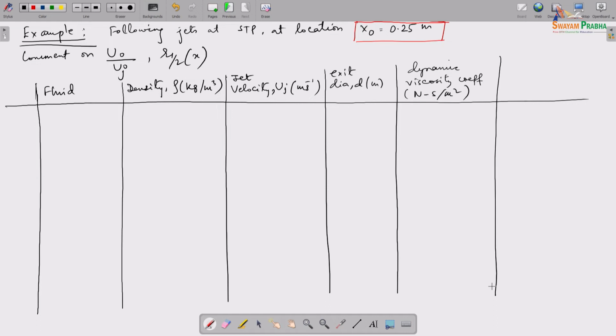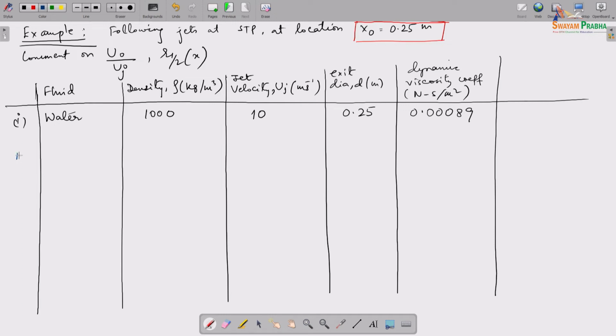Number 1 is water. Density is 1000, uj is 10, d is 0.25, and the dynamic viscosity is given here.